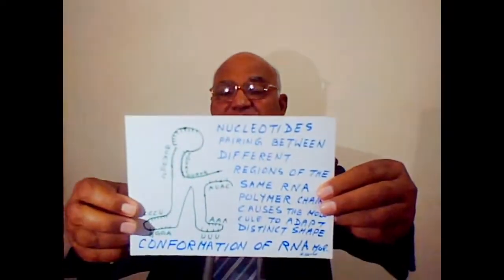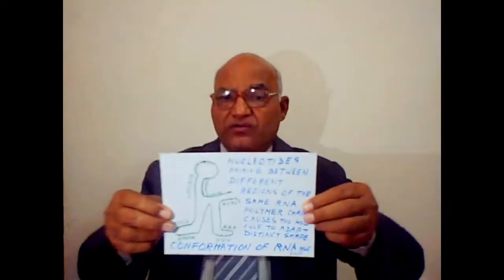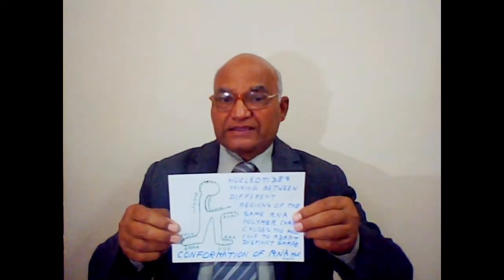It can be seen in the G, C, A, U, G, C on one end, and C, G, U, A, C, G, U, A, U, G on the other side, and in this way complementing each other, and this is how the conformation of RNA takes place.